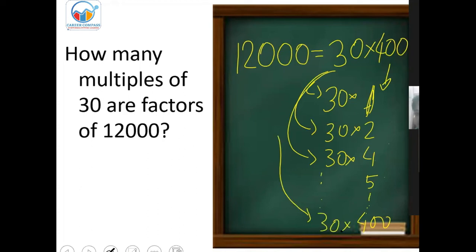So the situation boils down to finding out the number of factors of 400, right? Because each factor of 400 will produce a multiple of 30 if I multiply that number by 30.